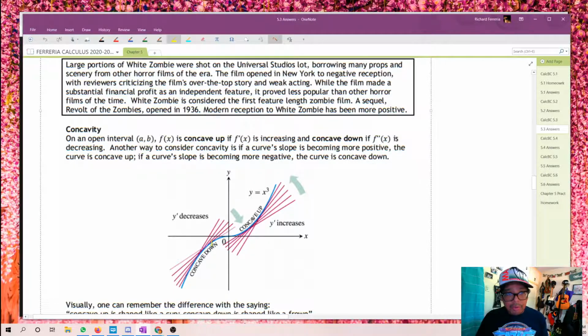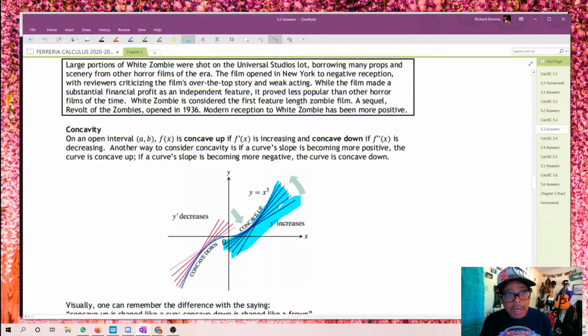is actually decreasing. Looking over here at x equals 0, we've got a place where the slope is actually equal to 0. And to the right of that, if we have a section that's labeled concave up like we have here, what that means is that the slope is increasing. So we're getting more positive.